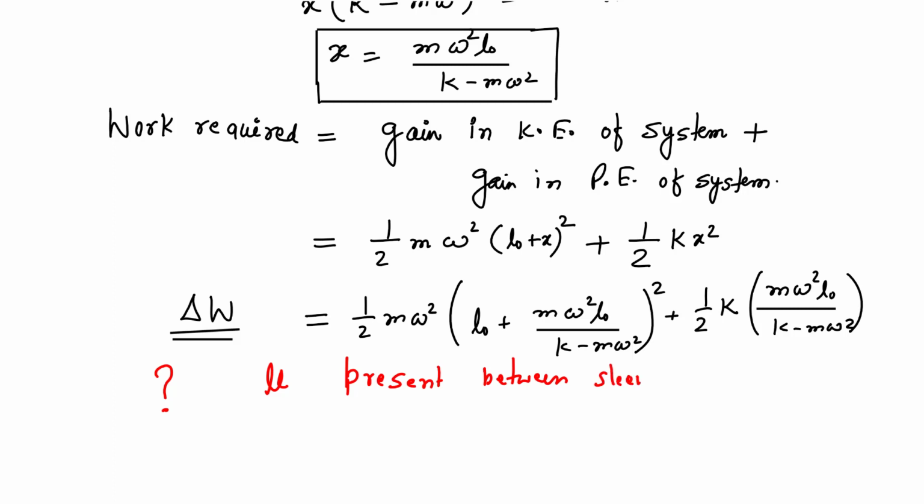In that case, how will you solve this problem? Do you have to consider work done by friction also? What will be the work required in that case? How will you write the work energy equations? Let us discuss all this in the comment box, and I will see you in the next video.